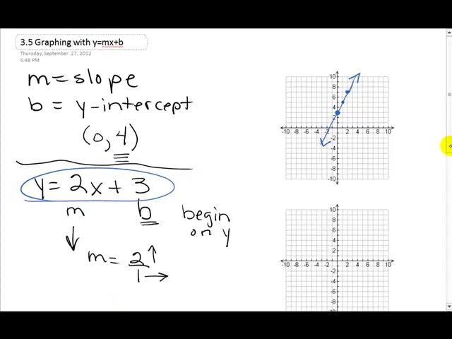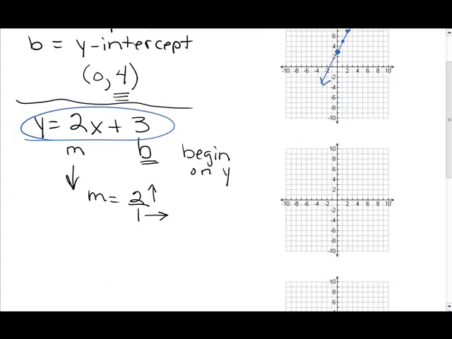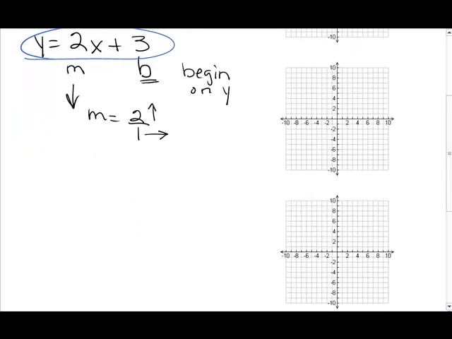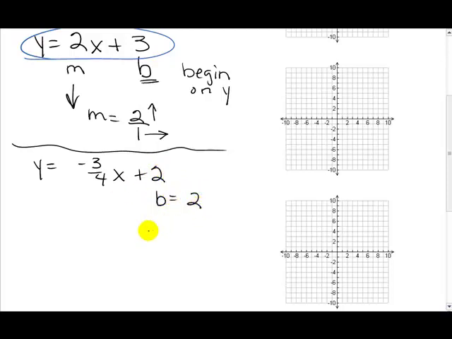And I didn't have to do a t-chart, and I didn't have to do my equations 3 times. So let's go ahead and look at another one. Here we're going to start. The b is 2. This is where we will begin.